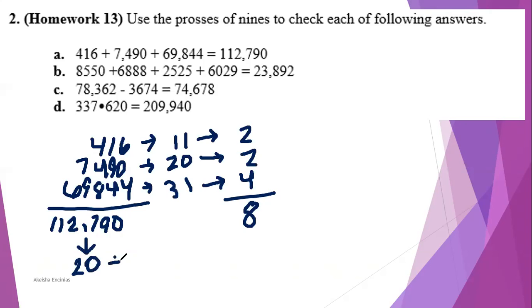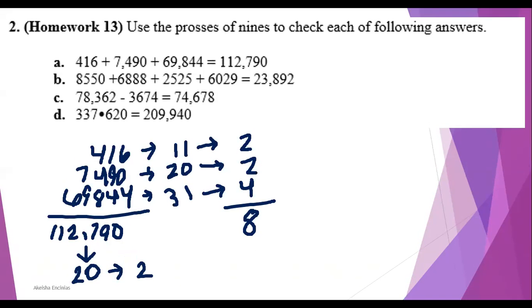Which will then give you a remainder after taking out the multiple of 9. So if you bring out a handy dandy calculator, you see that they don't match, so you're going to want to recheck it.